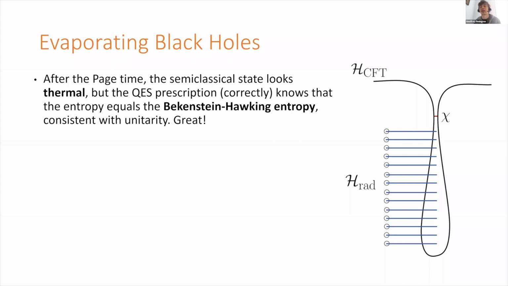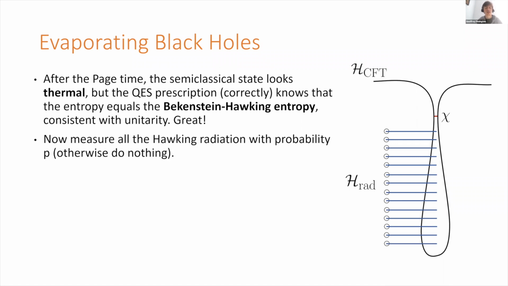But magically, the QES prescription knows that there's some quantum extremal surface sitting near the horizon of the black hole up here. And the generalized entropy of that surface is the Bekenstein-Hawking entropy of the black hole. And so we find that the entanglement entropy of the radiation starts going down after the Page time, consistent with unitarity. Okay, so that all worked out great.